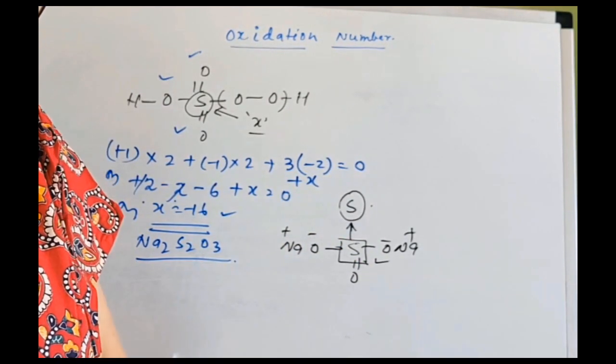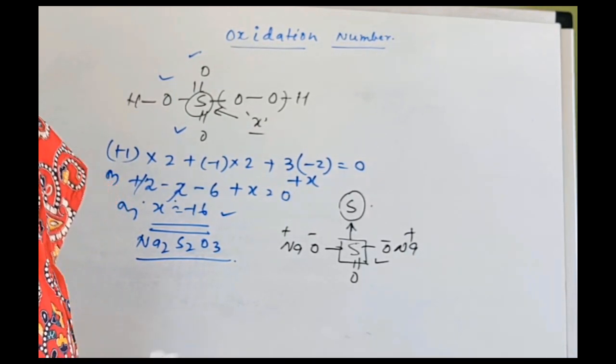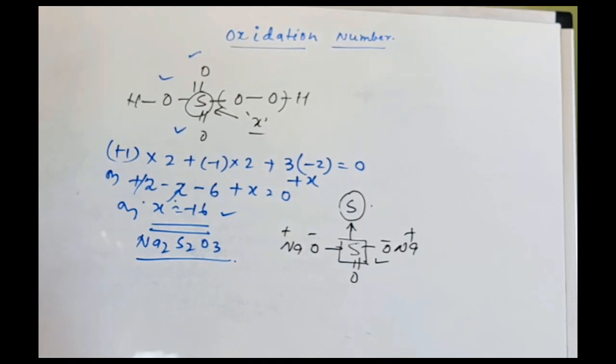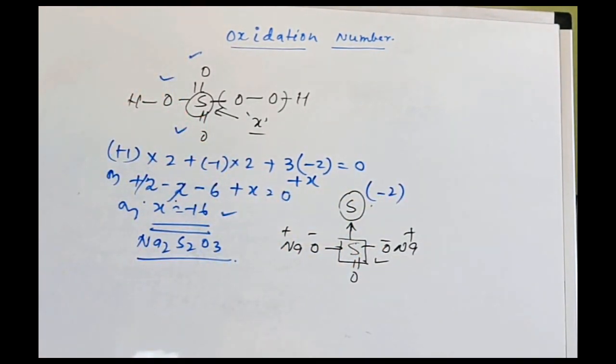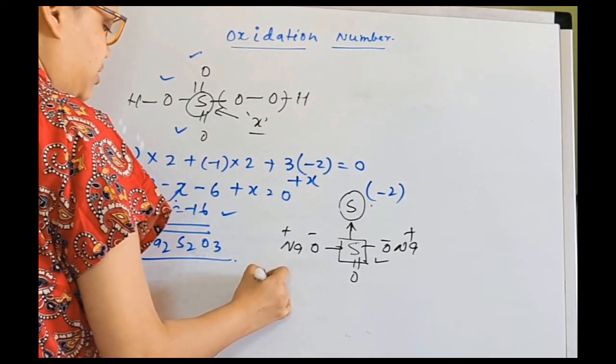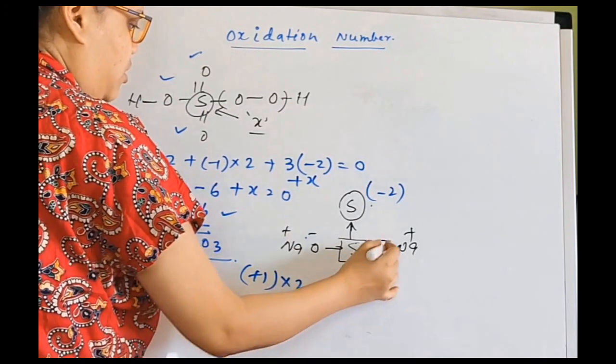Here you can see 2 sodium atoms, 3 oxygen atoms, and a sulfur atom held by the coordinate bond. This sulfur atom held by the coordinate bond has an oxidation number of minus 2. For sodium, plus 1 for 2 atoms, 3 oxygen.